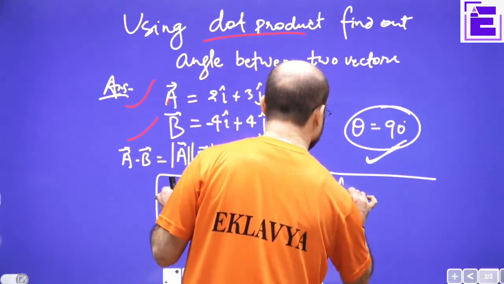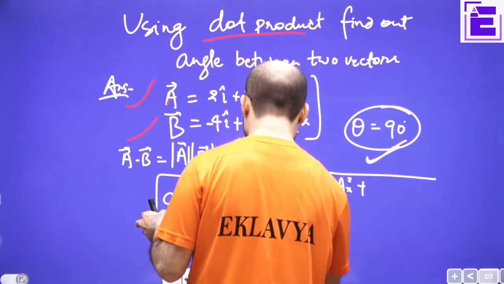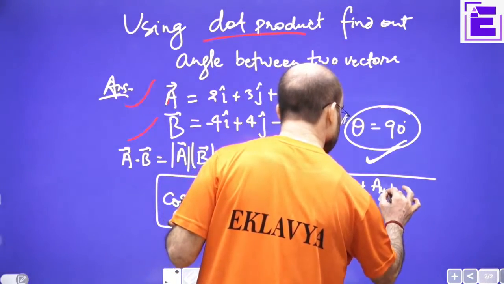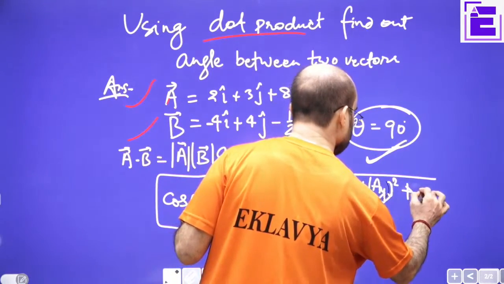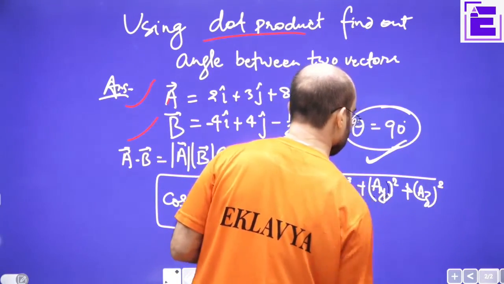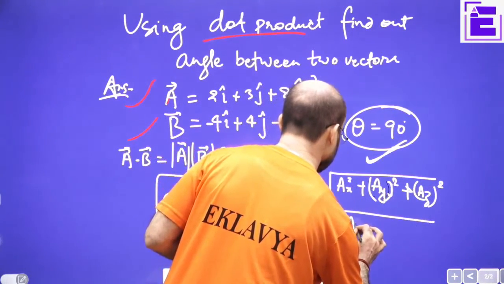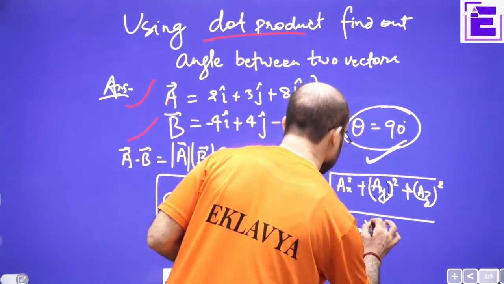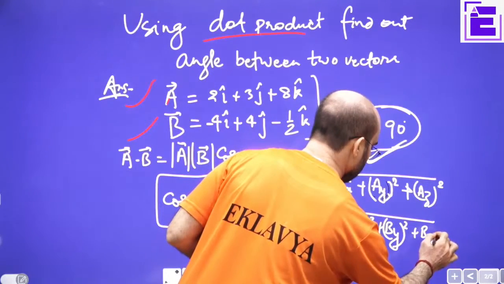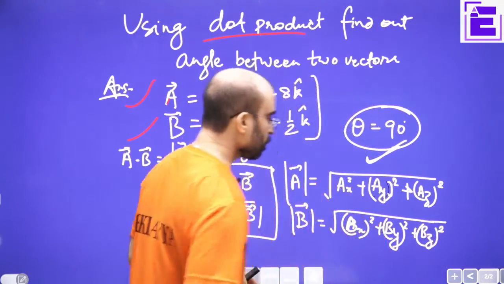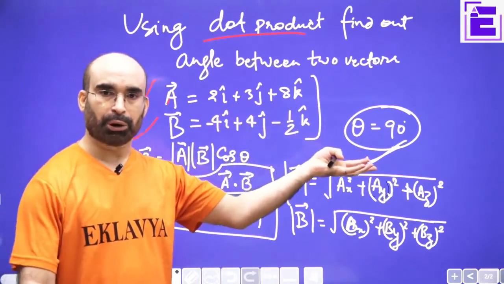It is going to be the square root of ax square plus ay square plus az square. Magnitude of vector B would be the square root of bx square plus by square plus bz square, right? And A dot B we have already found, we know how to find it out.